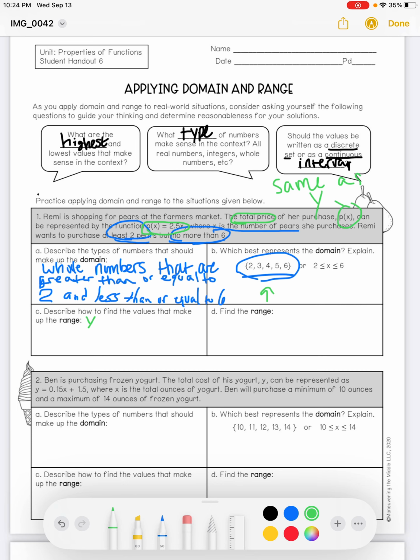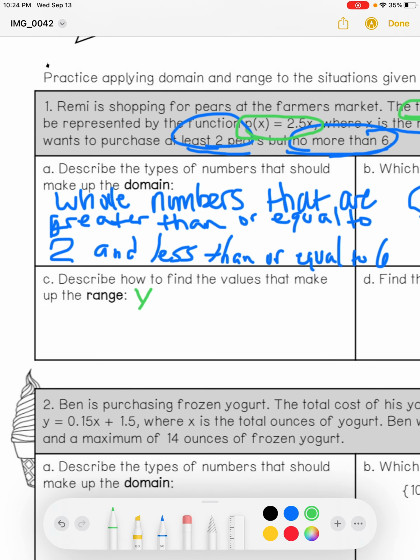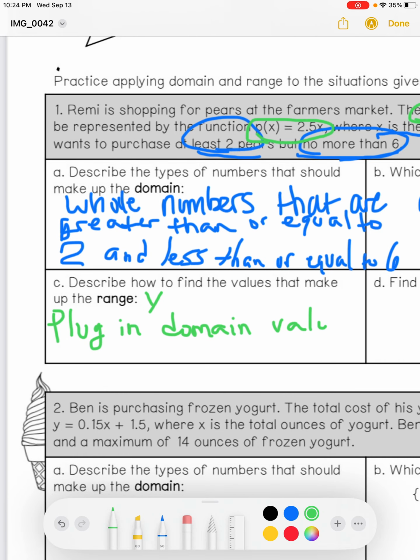So what are we going to do? We're going to plug in domain values into the equation p of x equals 2.5x.